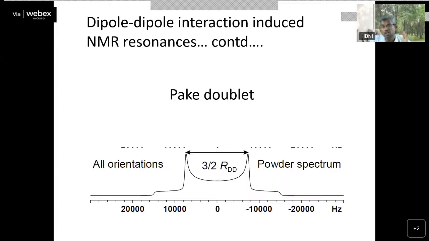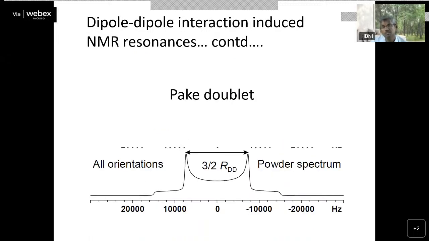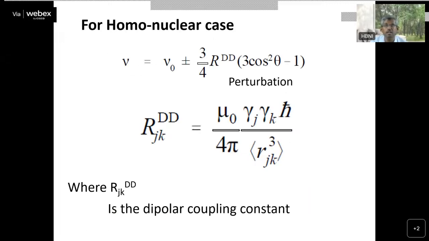So all types of orientations are possible. The proton-proton vector has various angles with respect to the applied magnetic field, and you get a pattern like this. From that pattern, you can always get the RDD. RDD is nothing but the dipole-dipole coupling. Sorry, in this case, I have not written it as a subscript. So RDD is the dipole-dipole interaction between the two interacting protons, and you can get its value.